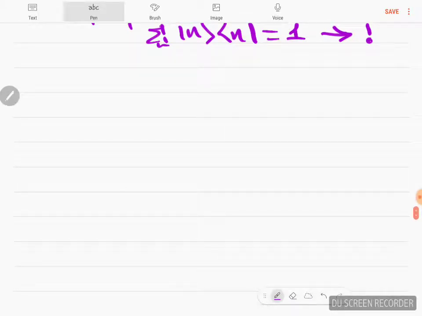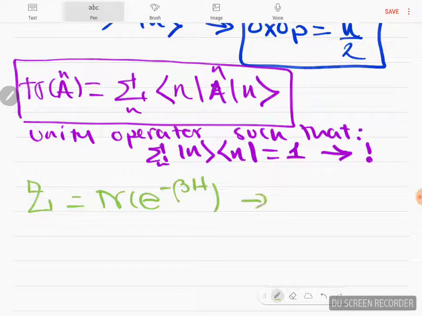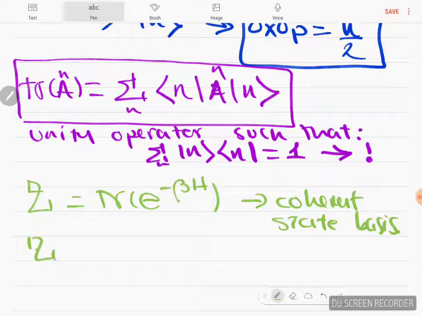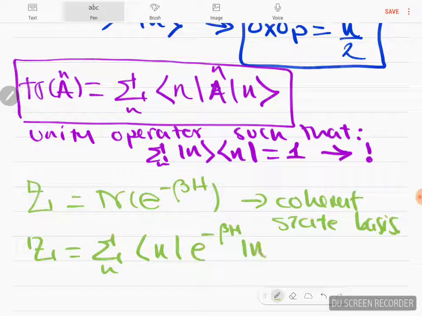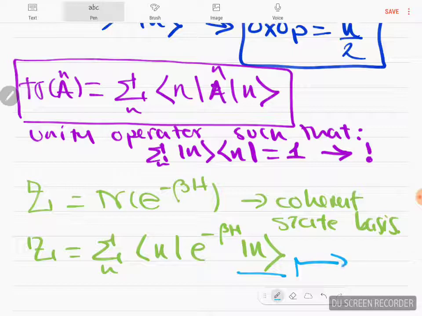Now, following the same order of ideas, if we want to represent a partition function in coherent state basis, let's say we want to write Z equals the trace of e to the minus beta H in coherent state basis, we have to find a way to compute Z equals the summation over n of the expectation value of e to the minus beta H, where n is a coherent state for our particular representation.